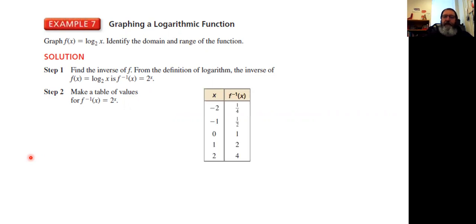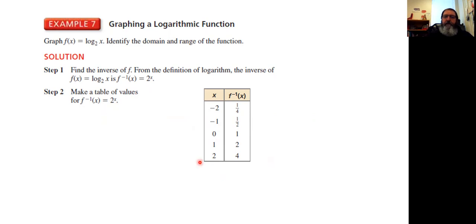So I plug in some basic values for x, like -2, -1, 0, 1, 2, and I get my output. 2 to the power of -2 is 1/4. 2 to the power of -1 is 1/2. 2 to the power of 0 is 1. 2 to the power of 1 is 2. 2 to the power of 2 is 4, and so on. So I get some of those, and now I'm going to graph them.